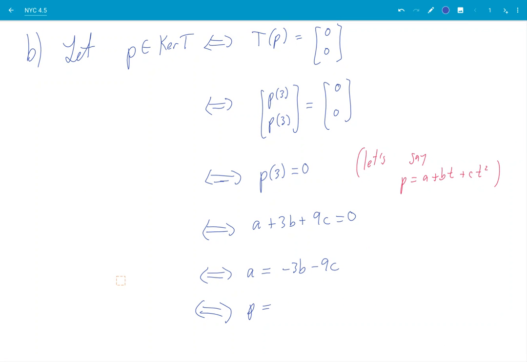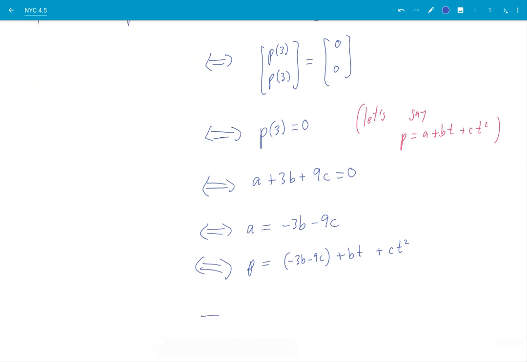So what does p equal? Remember, p is this guy. So minus 3b minus 9c is a in a plus bt plus ct squared. So what do you get?